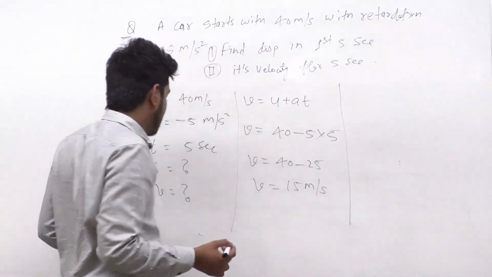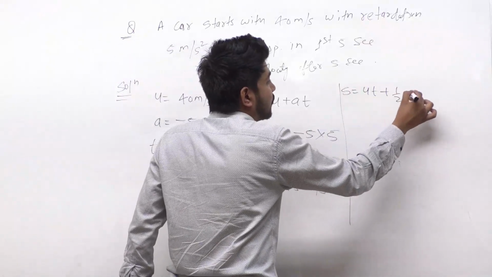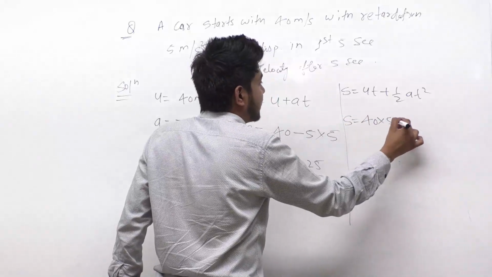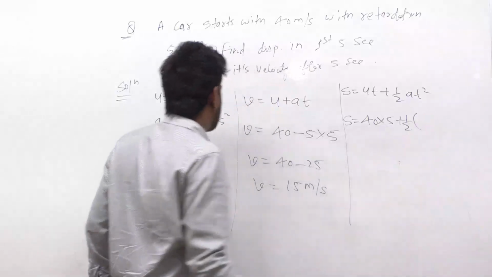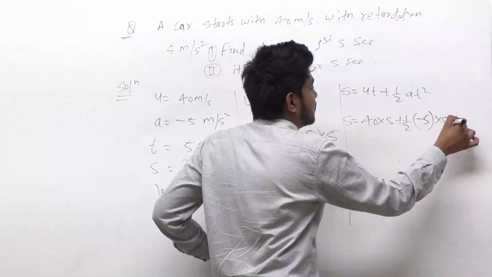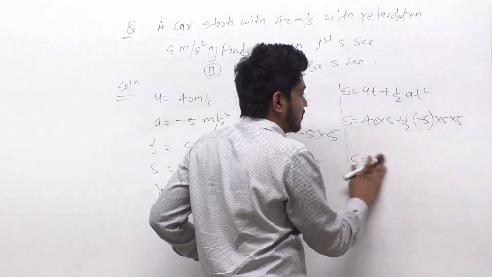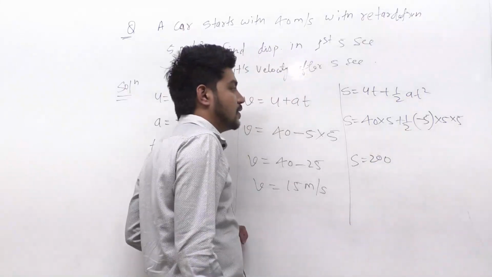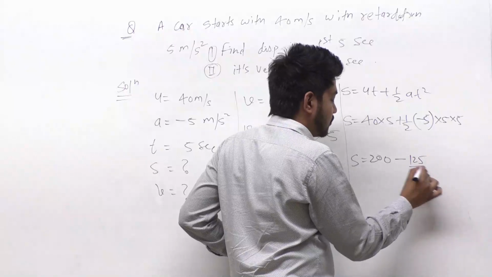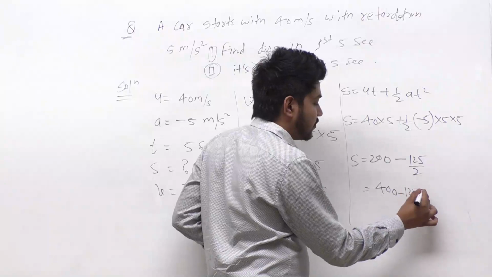Similar way, the displacement. So displacement, again I'll use the formula s is equal to ut plus half of a t square. So s is ut, 40 into time given as 5 seconds, plus half of acceleration given as minus 5 meter per second square, so minus 5 into time, which is 5 into 5. So displacement is 200 minus 125 by 2, which is 400 minus 125 by 2.